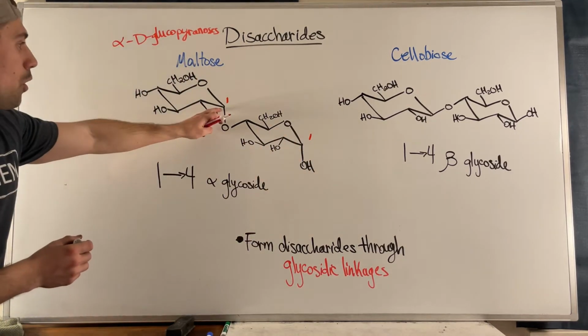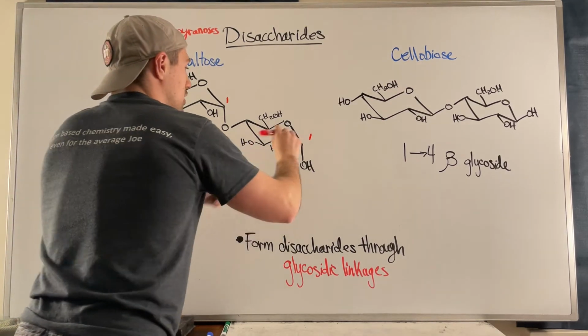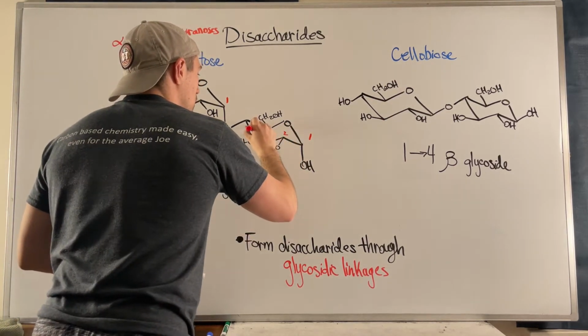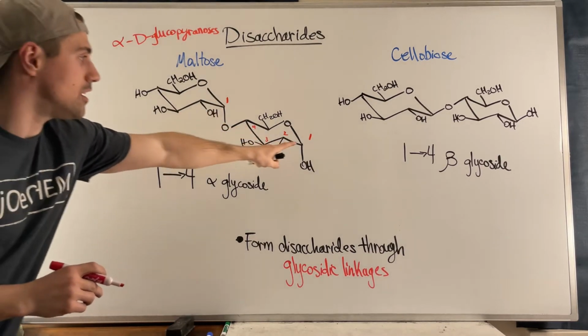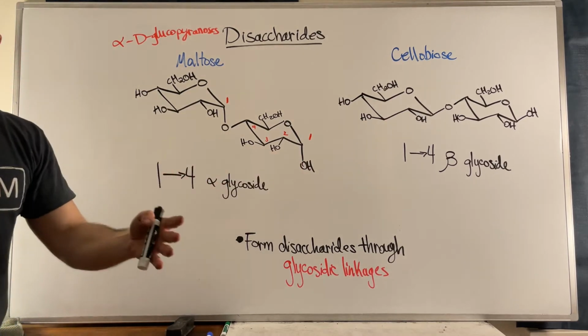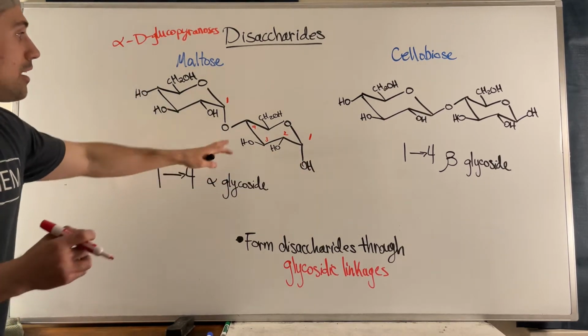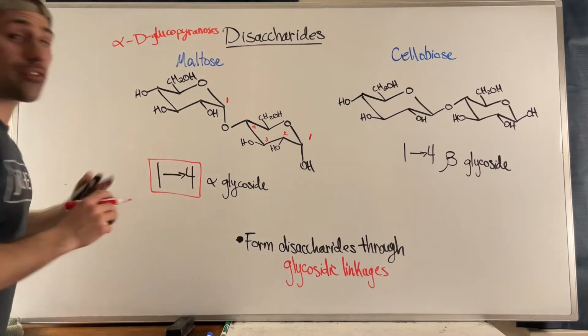So if you look at this one and obviously that one, if you count away from this one over here, 2, 3, 4, you get an anomeric carbon with a position of 1, and then you get kind of the connection piece on the other monosaccharide within the disaccharide. So that's kind of what this 1,4 refers to.